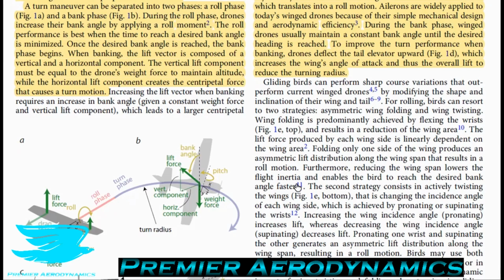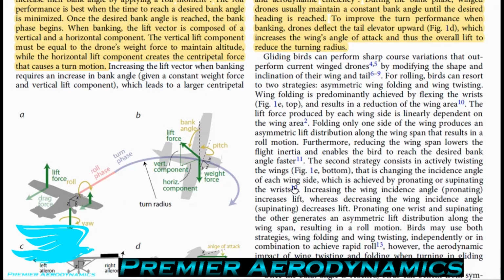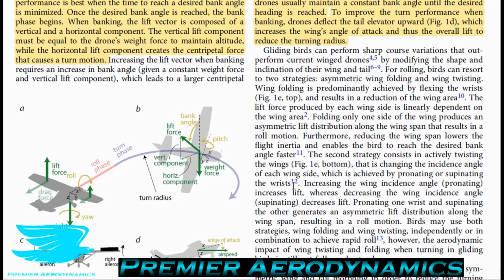When banking, the lift vector is composed of a vertical and horizontal component. This is important because typically we just think of lift as being directly straight up. However, that's not exactly the case in terms of banking, because now the lift force, which is perpendicular, straight up from the aircraft, is now at an angle to the ground and gravity, because the aircraft is now at an angle to these two directions.